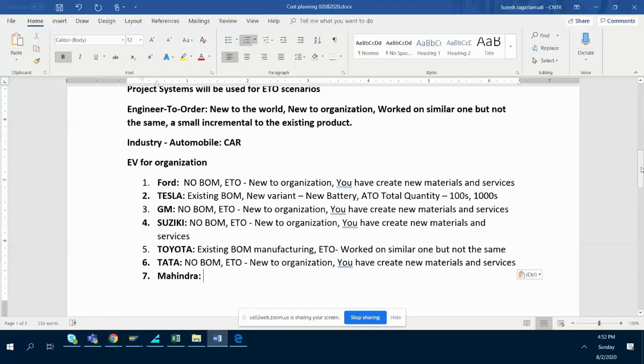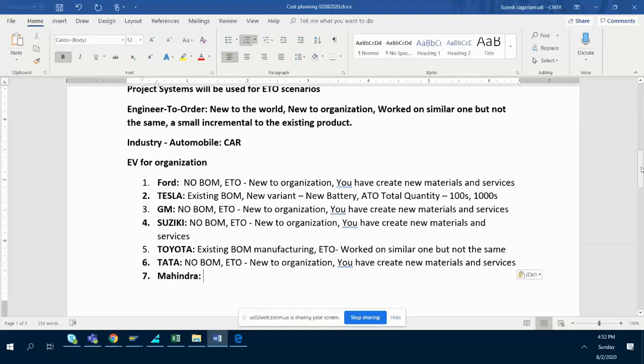In this case, it is going to come as a small incremental change to the existing product. It's still ETO only. But they have no bill of material. If they wanted to use Xylo or other platforms, they can't use that. No BOM as of now. But they know how electric vehicles work. It's still ETO, but they can use existing technology.